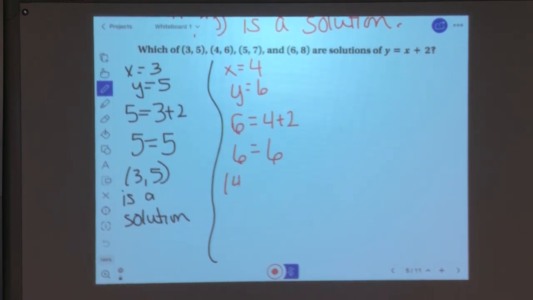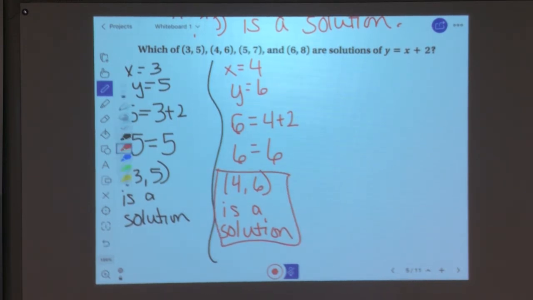So the ordered pair 4, 6 is a solution. You don't have to write that out as a full sentence. You can just say yes or no, but the true answer is solution or not a solution.